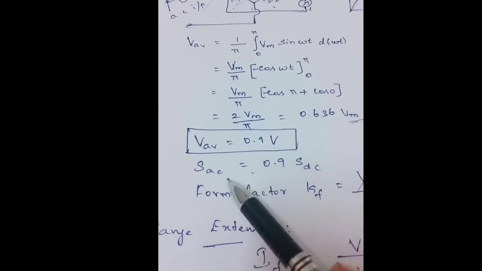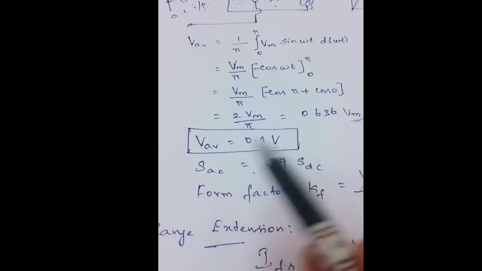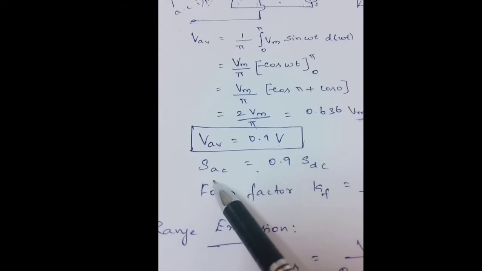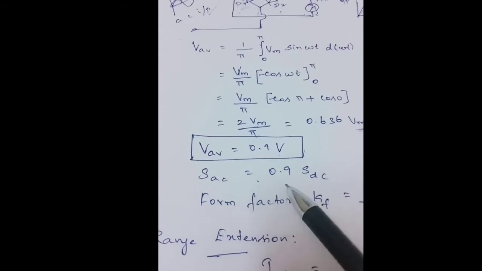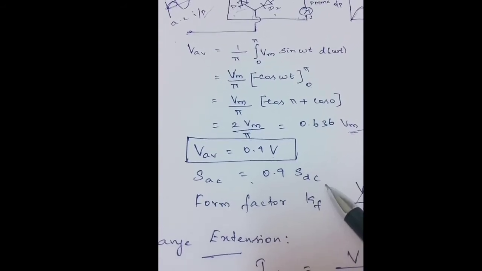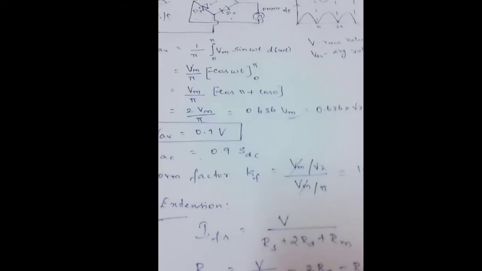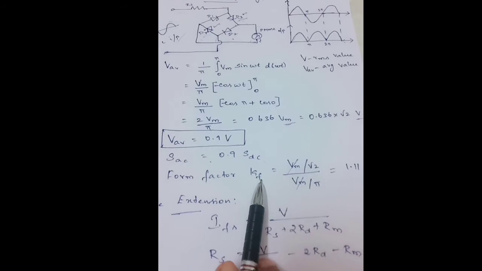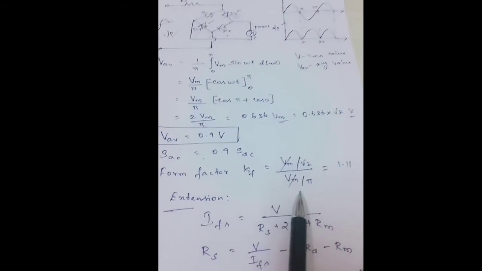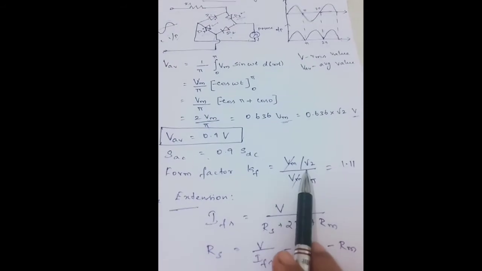So that is the V average value, and similarly the sensitivity for AC input will be 90% of the sensitivity for DC input. Similarly, we are going to find out the form factor now. Form factor is meant for calibrating this PMMC instrument. Form factor is nothing but RMS value by average value. RMS is Vm by root 2.